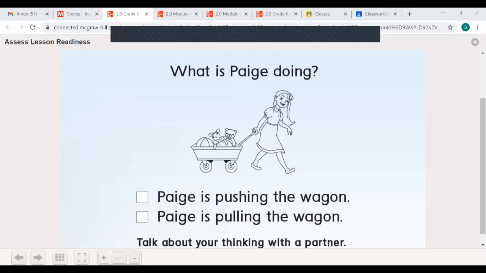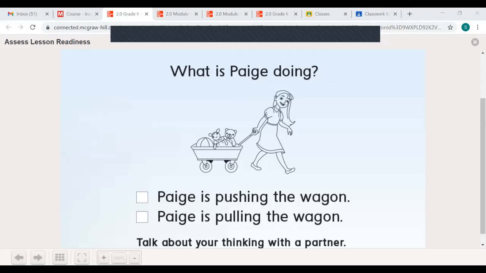All right, so did you pick push or pull for the answer to what Paige is doing? All right, Paige is pulling the wagon. So a force, remember, is a push or a pull. So a push involves moving an object away from a person so that you're applying force.